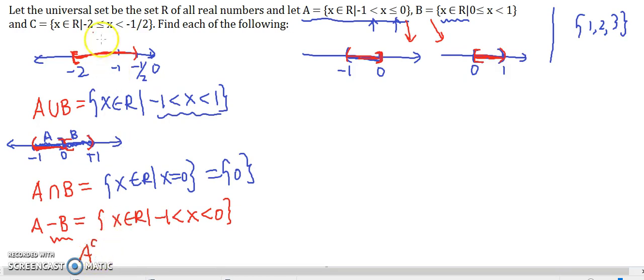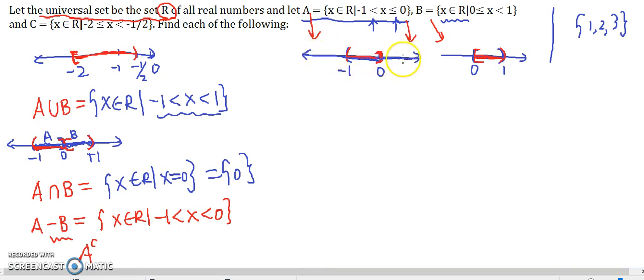Complement of set A. In order to do the complement, we need to know what the universal set is. So the universal set is the real number set, all real numbers. We can look at this graph right here, because this is set A. And complement means anything not in A. Because the universal set is all real numbers, it's everything on this real number line.